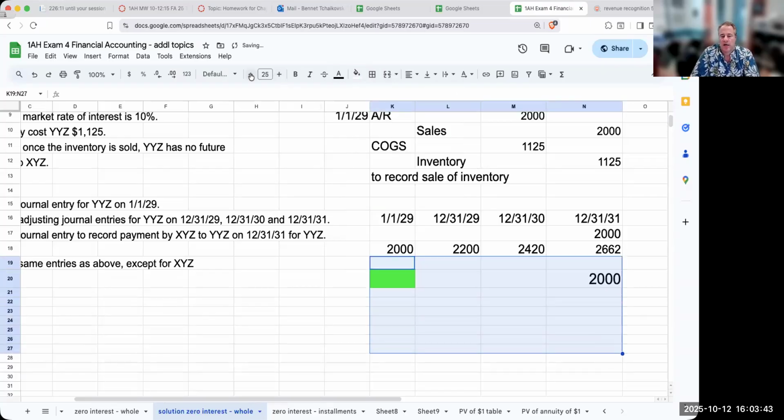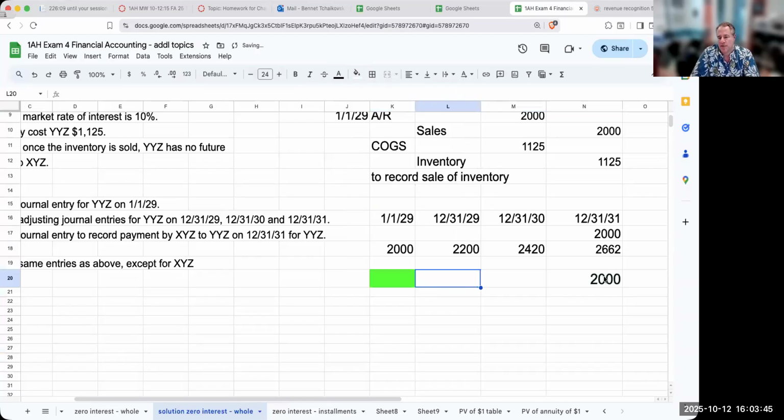And this is where we're going to look at the concept of present value. When we're looking at present value for something like this, we're basically saying, I'm going to be getting this amount in 3 years. So what amount would I need to invest today over a 3-year period to get me to $2,000?